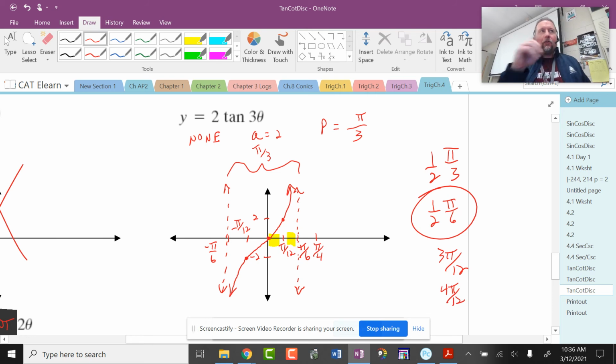Pi over 12 is the quarter value for the period. So to get the next critical values, I just keep having to add pi over 12. By the way, 4 pi over 12 is pi over 3. 5 pi over 12 is nice. I don't have to do anything. And then 6 pi over 12. Just writing them down took me 1 second.